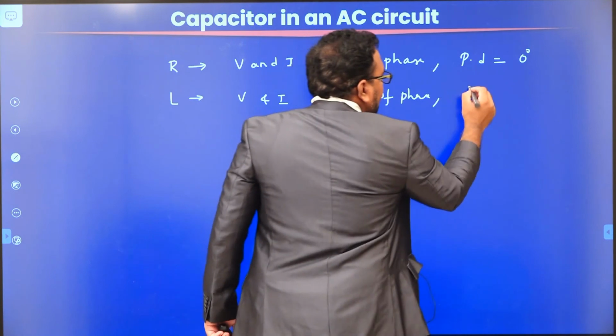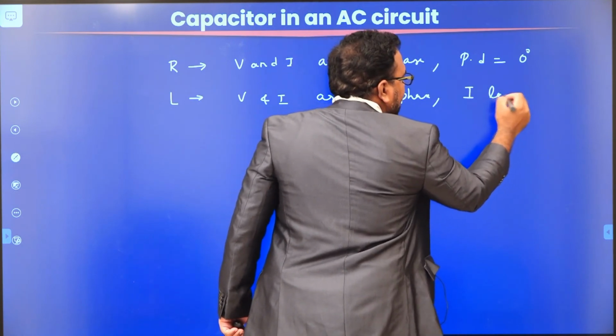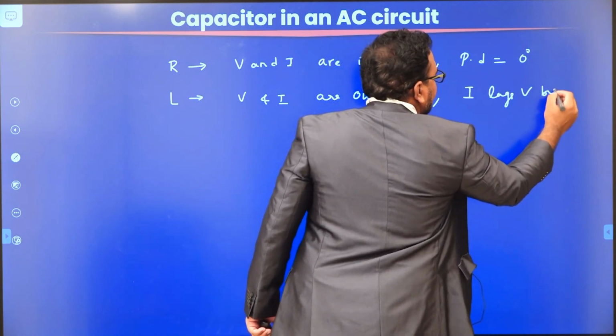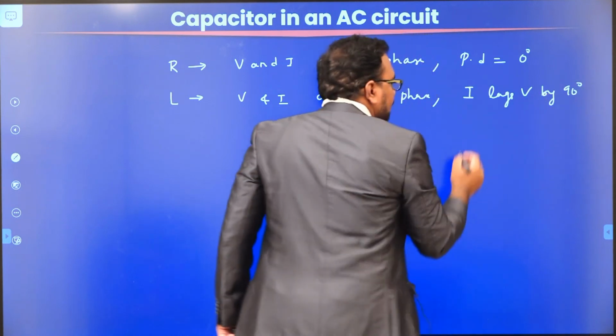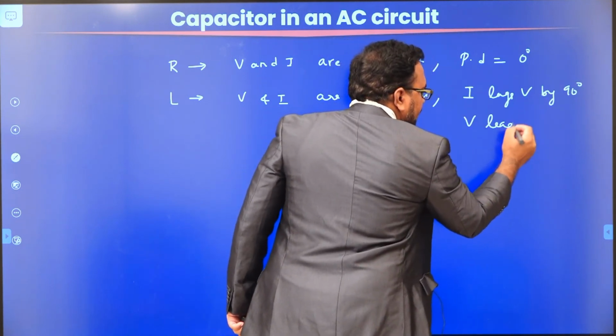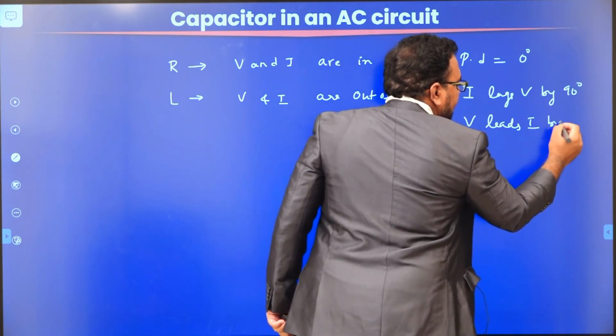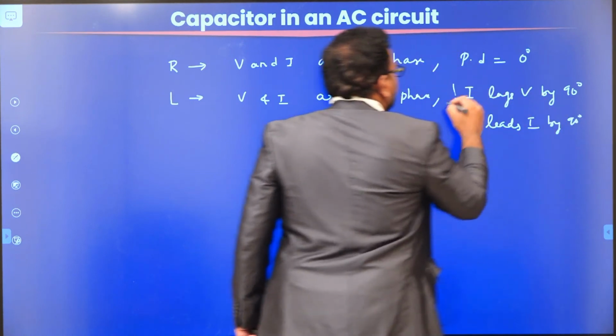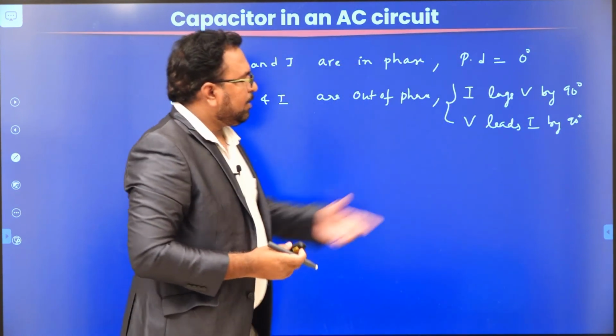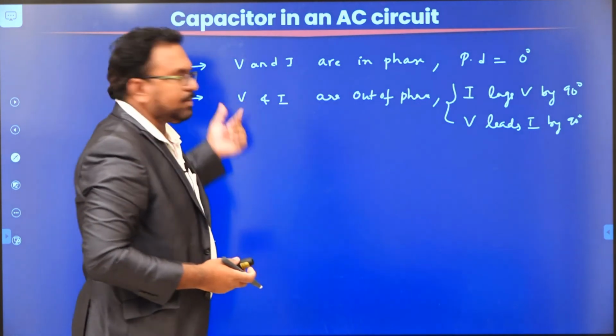Here the current lags voltage by 90 degrees, or voltage leads current by 90 degrees. So this is how the current and voltage are related in case of an inductor.